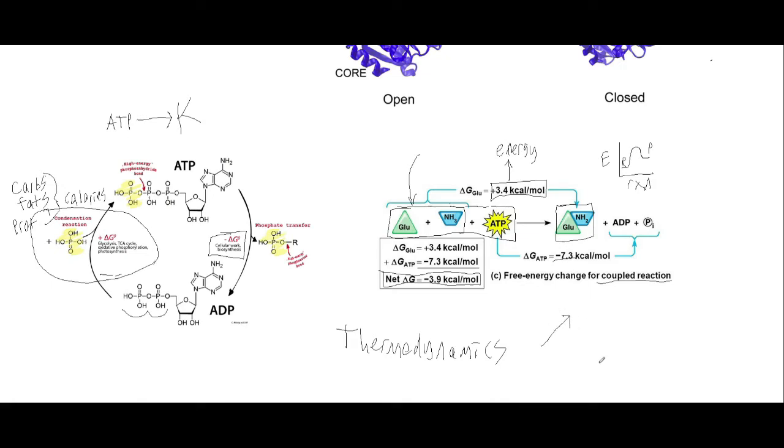So I talked about in the thermodynamics video that if we have this, then our delta G here is at equilibrium. We are always trying to keep ourselves further up here from the equilibrium.